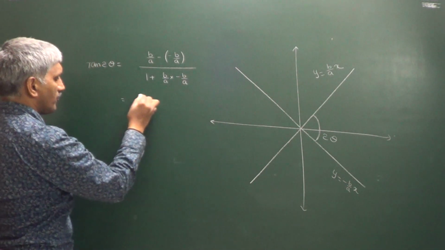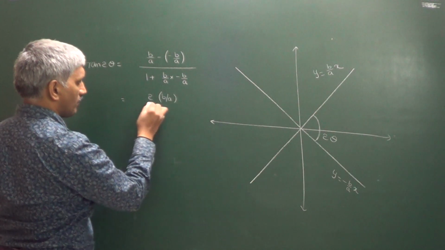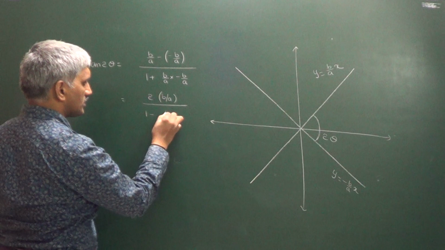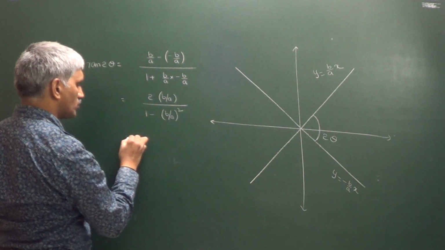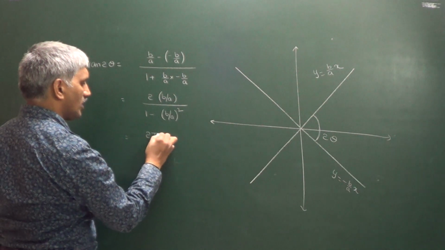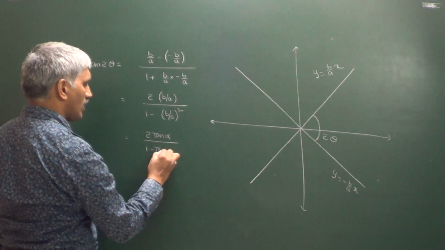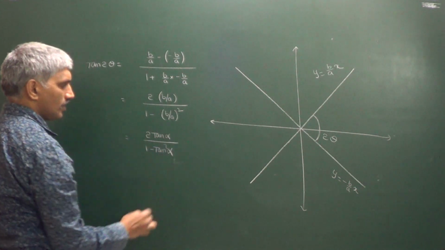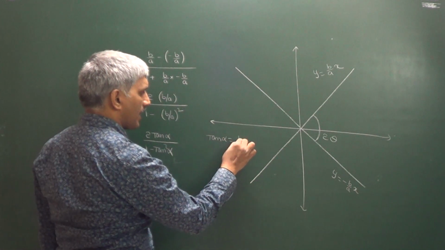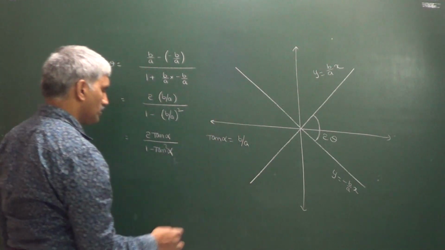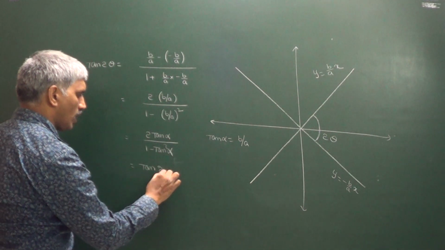Now this we can write further as 2 into b by a divided by 1 minus b by a whole square. Now I can write this as 2 tan alpha divided by 1 minus tan square alpha. I am just taking tan alpha is equal to b by a, right? Now I can write this again as tan 2 alpha.